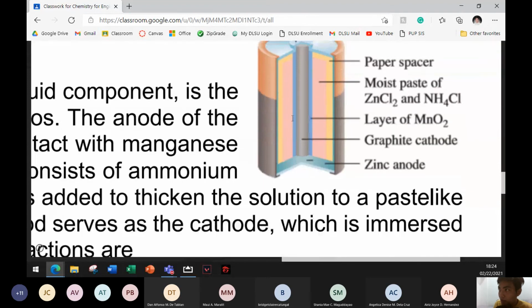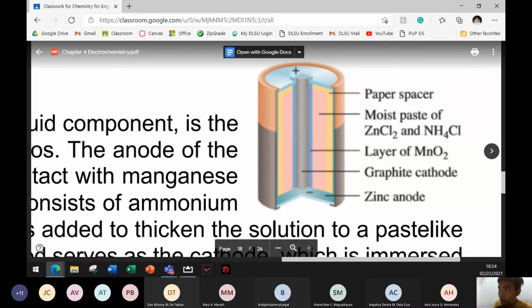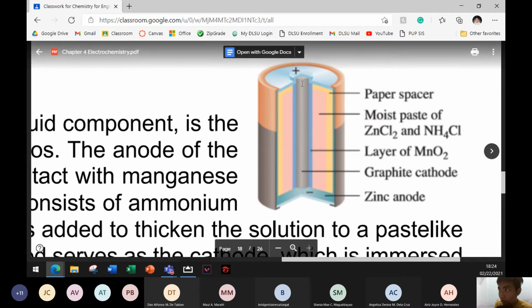So, what happens is that, di ba, kapag pinagdugtong mo yung voltage, pag nilagay mo sa, saan mo ba nilalagay battery? Kunwari, remote control. What happens is that yung remote control, yung circuitry nun, allows the passage of electrons from here, from the zinc anode, papunta sa carbon.